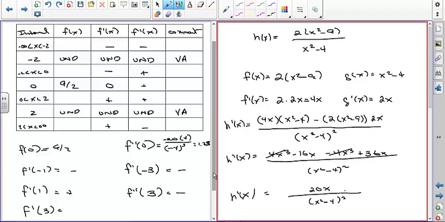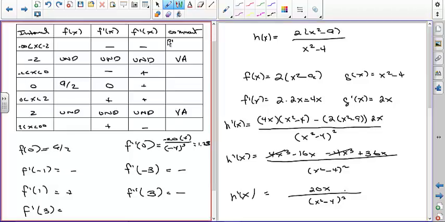So now the last thing we're going to do is just fill in the comments. Here we have decreasing because the first derivative is negative, and we have concave down because the second derivative is negative. Here we have a vertical asymptote. Here we have decreasing, and we have concave up. Is this a minimum or maximum?